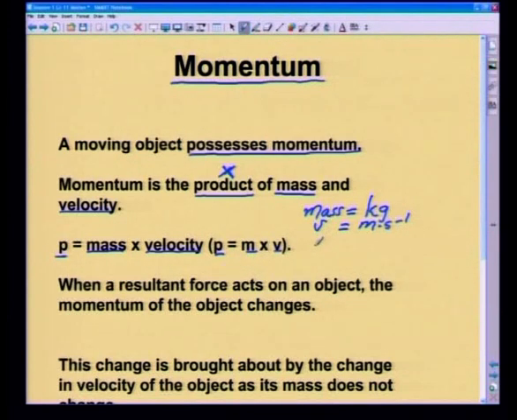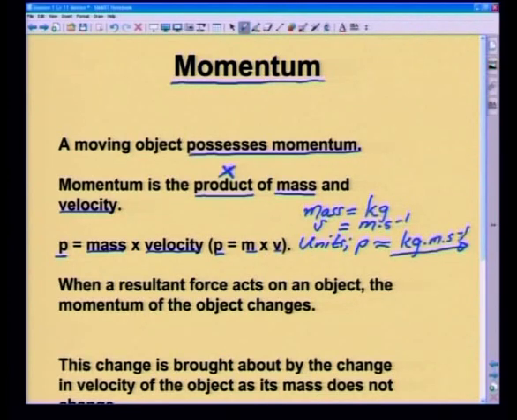Because we are multiplying mass by velocity, it means that the units for p, which is momentum, is kilograms multiplied by meters per second. So the units in which we measure momentum is kilograms meters per second.